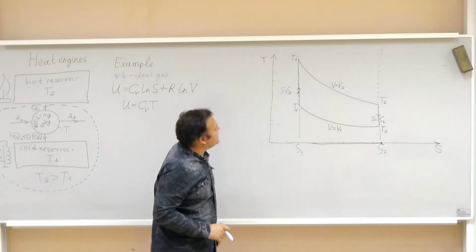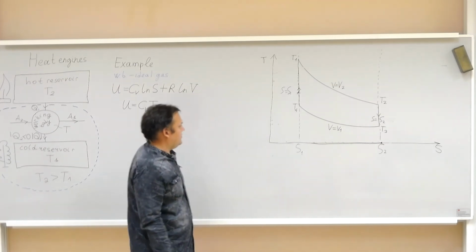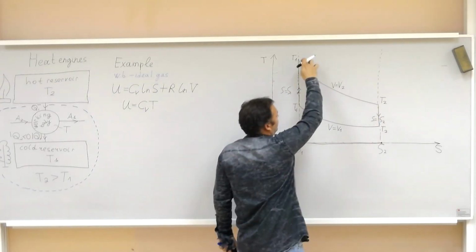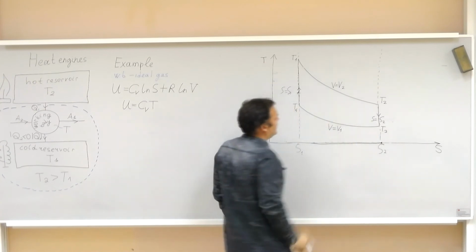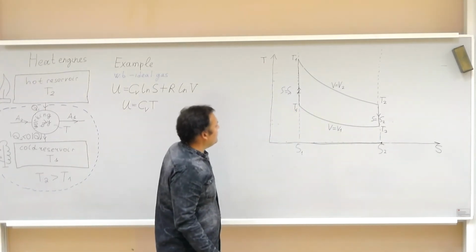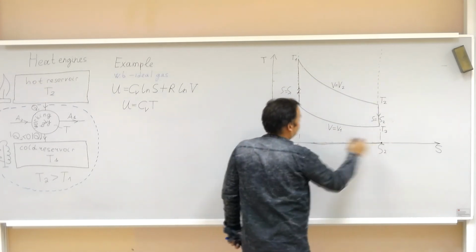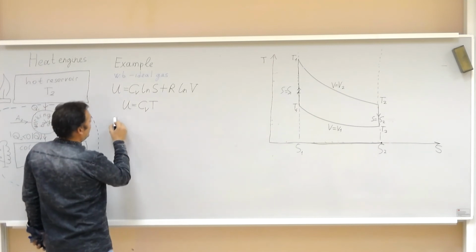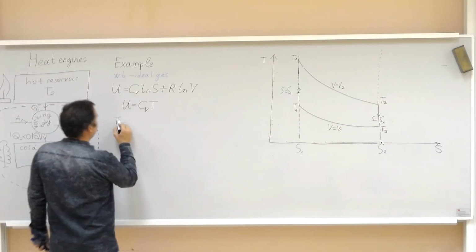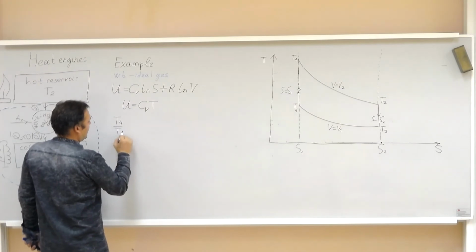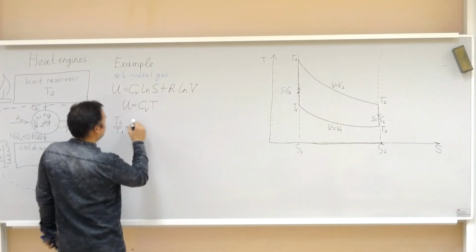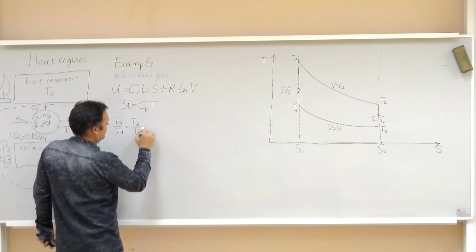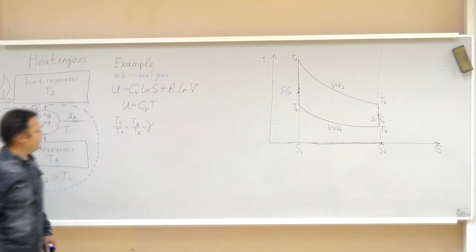Here there is one interesting point. If we have two adiabates, isochors here and isochors here, we can show from here that T4 divided by T1 equals T3 divided by T2 equals gamma.